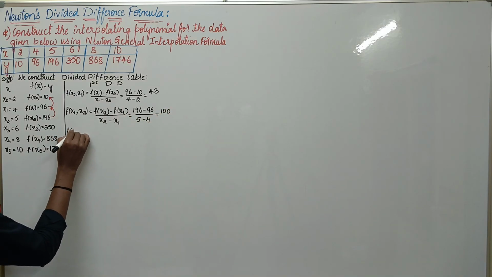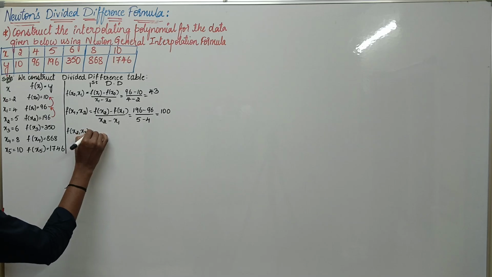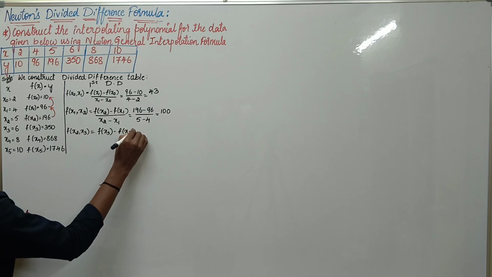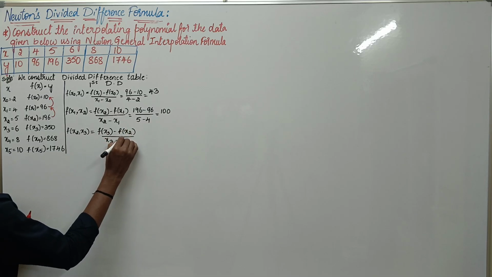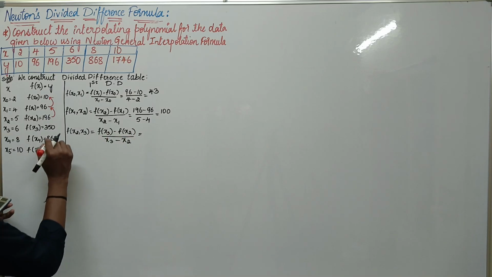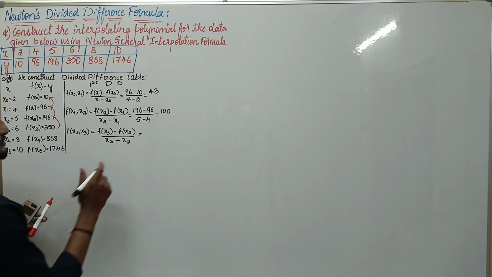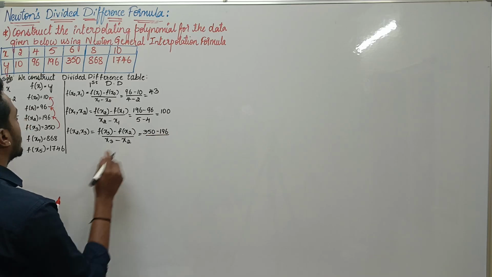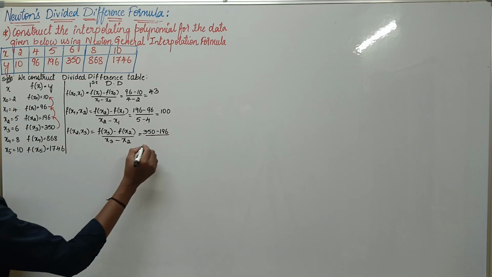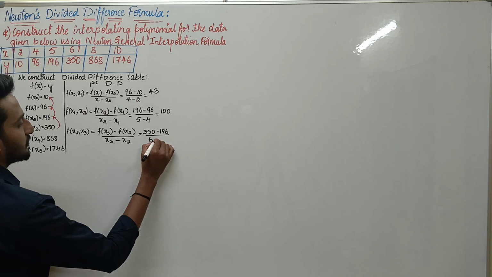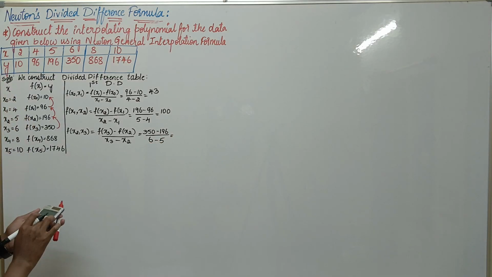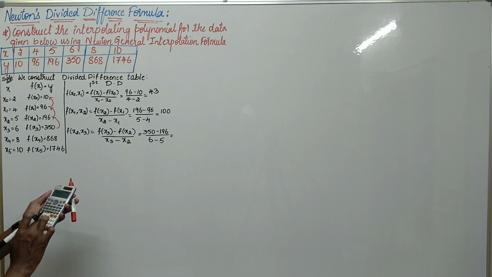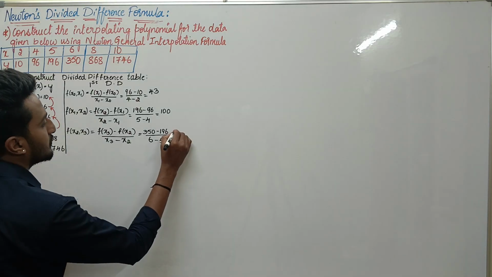Now let us go with the next, f of x2 comma x3, which is equal to f of x3 minus f of x2 divided by x3 minus x2. We have 350 minus 196 whole divided by x3, which is 6, minus x2, which is 5. Using the calculator, 350 minus 196 divided by 6 minus 5, we get 154.